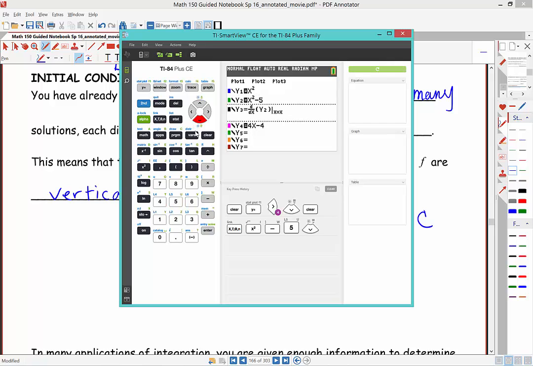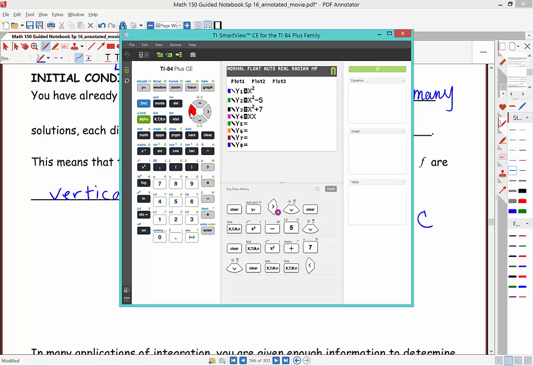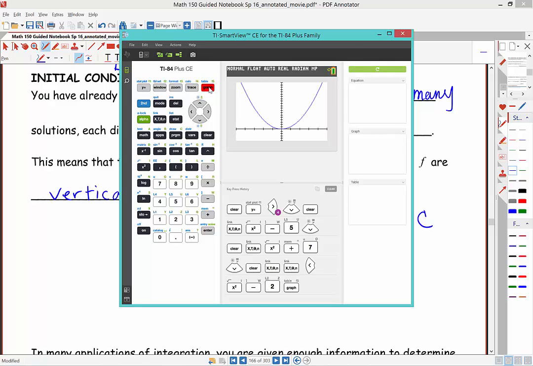We could have this one be x squared plus 7. And we'll do one more. Have this guy be x squared minus 2. So let's graph these guys and check it out.